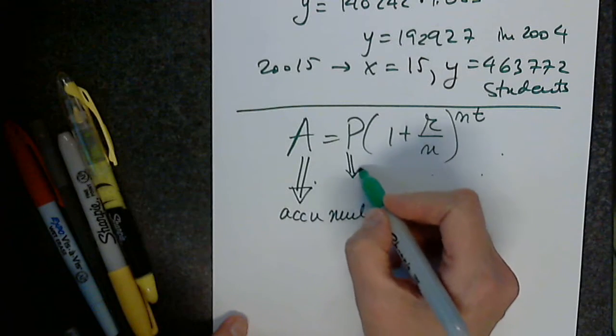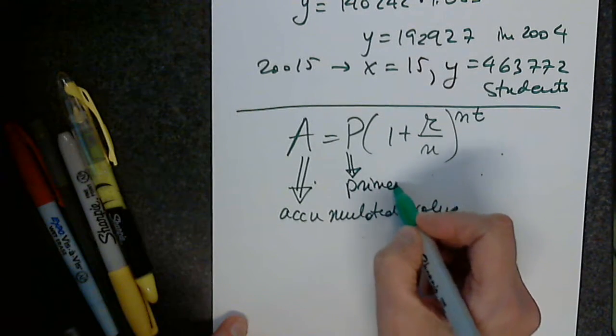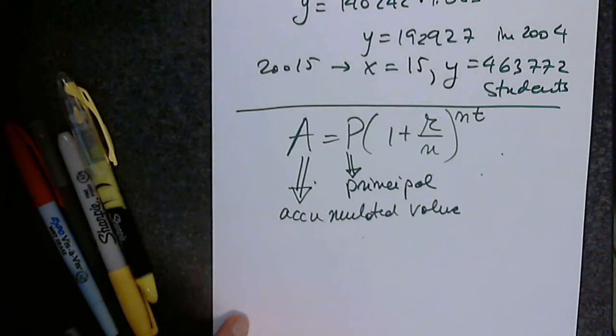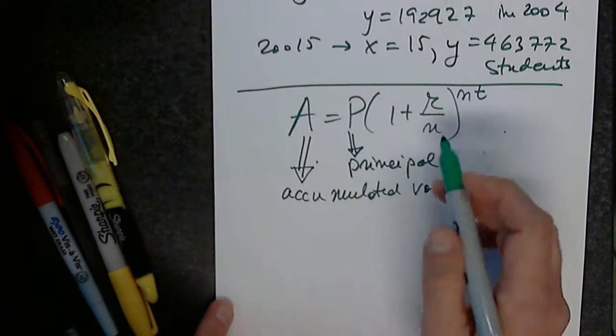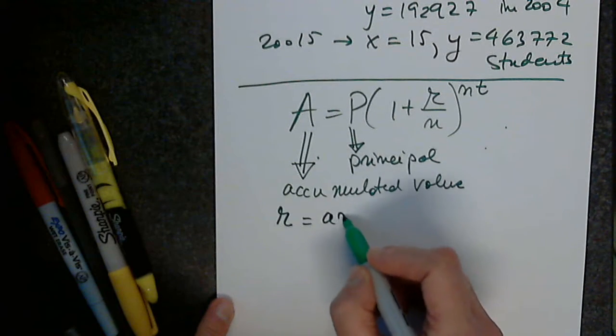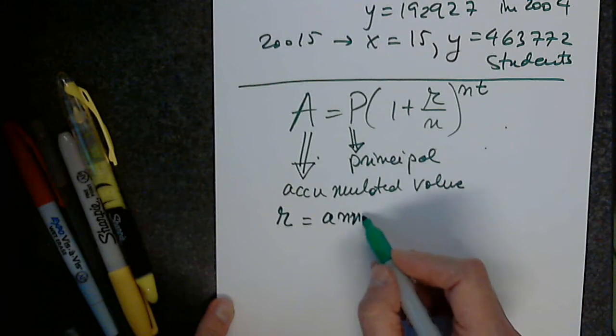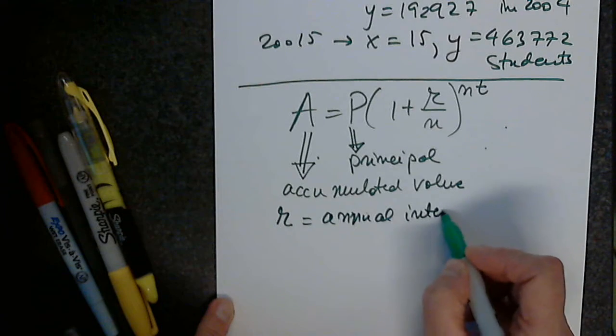P stands for principal. Little r is the annual interest rate.